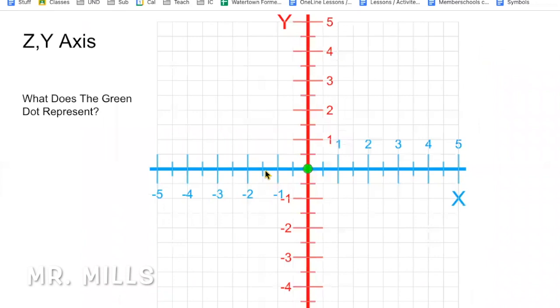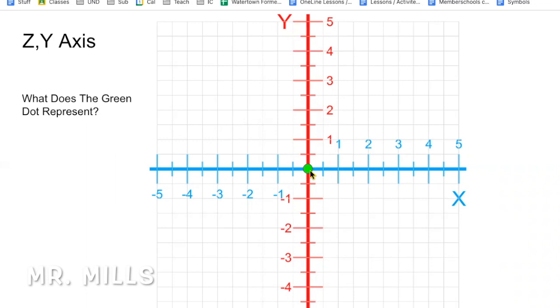So when we go back and take a look at our XY axis, we see this green dot here in the middle. Does anybody know what that green dot would represent? Most people would say it's a starting point or a point of origin, which is correct. But is there anything else it could represent?